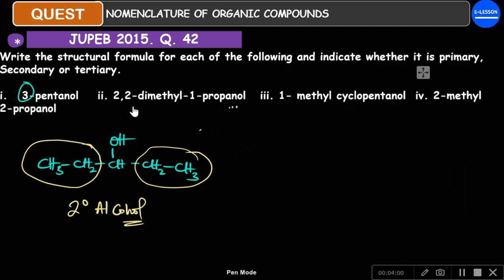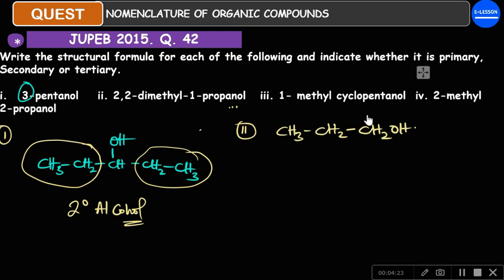Now the next one, this is for I, and then you have II. II says 2,2-dimethyl-1-propanol. So first of all, let us write propanol. 1-propanol is CH3, CH2, and then CH2OH. Now it says 2,2-dimethyl.